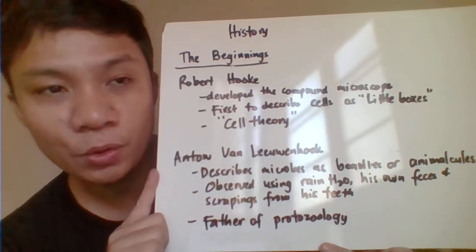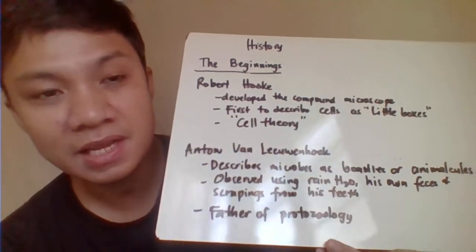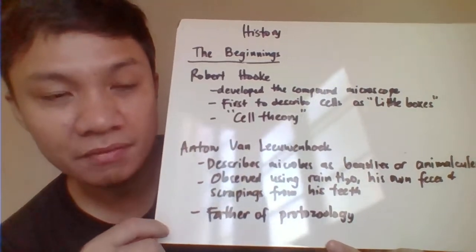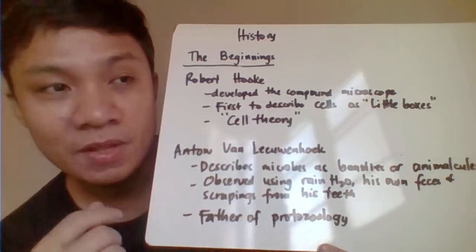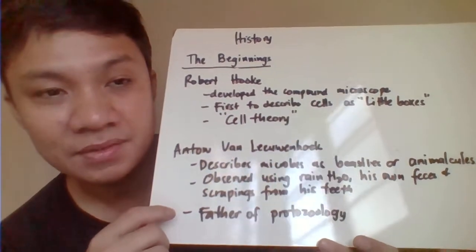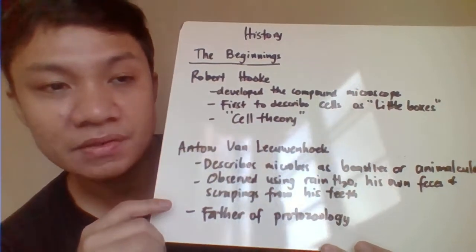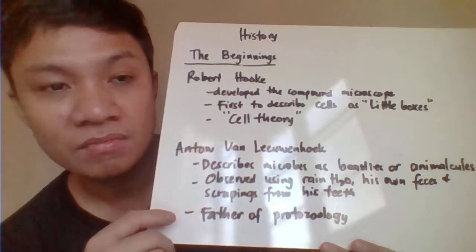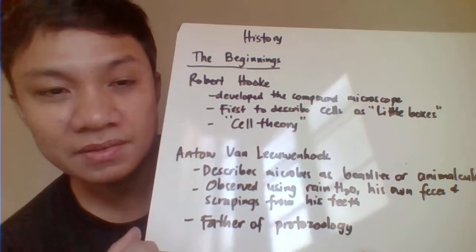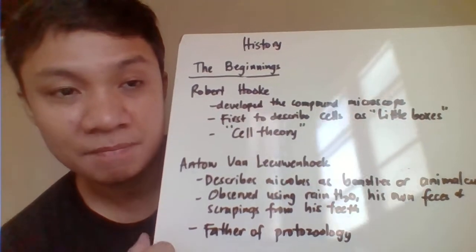He examined the cork, or the bark of the tree, and was able to identify those little boxes or compartments. Actually, those are the individual cells of the bark of the tree.